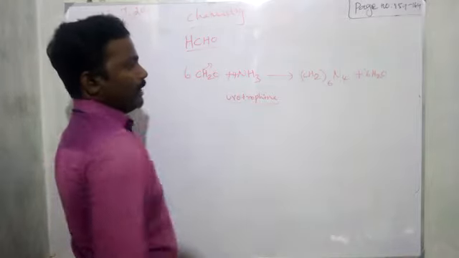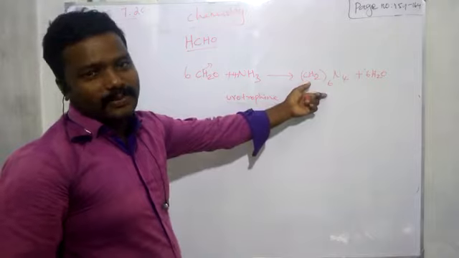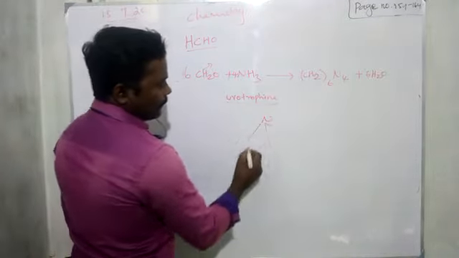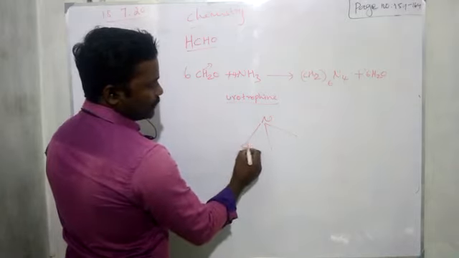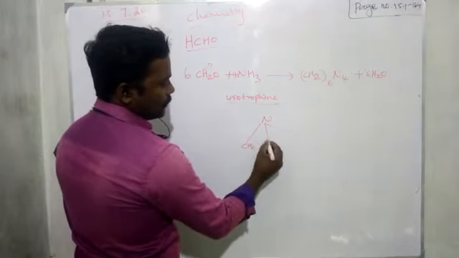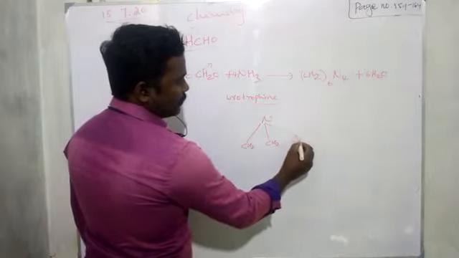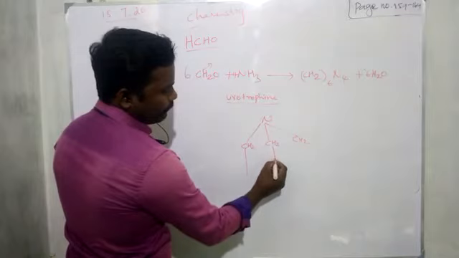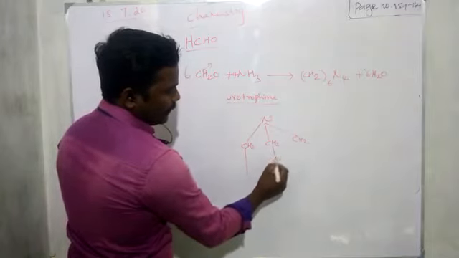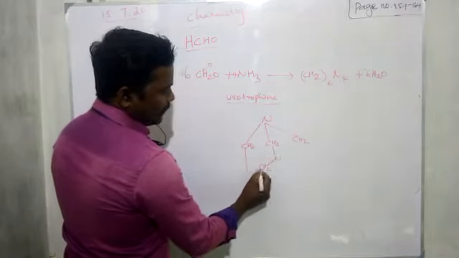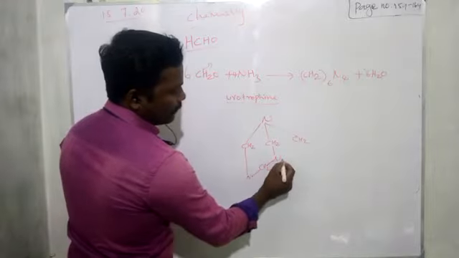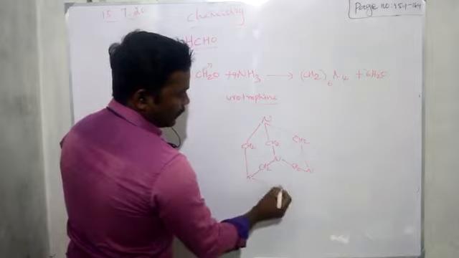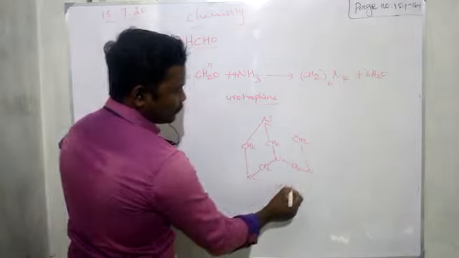So this has the specific structure: N, here also we have CH2, then CH2, CH2, N, CH2, N, CH2, N, CH2, CH2.